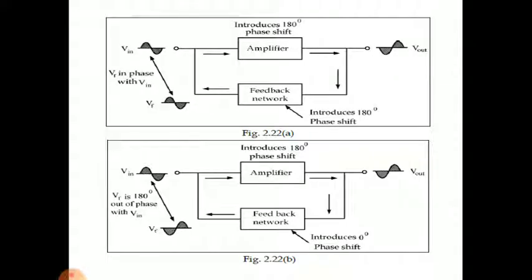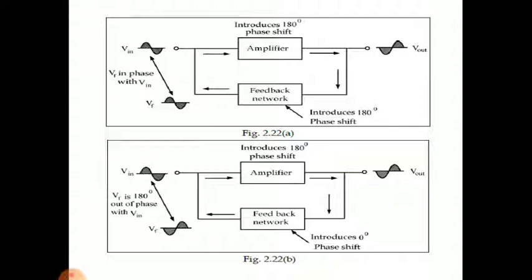In figure 2.22b, the amplifier introduces a phase shift of 180 degrees, because in the basic common emitter amplifier the output is 180 degrees out of phase with the input signal. Because it is widely used in real world applications, we consider the basic amplifier as a common emitter amplifier.